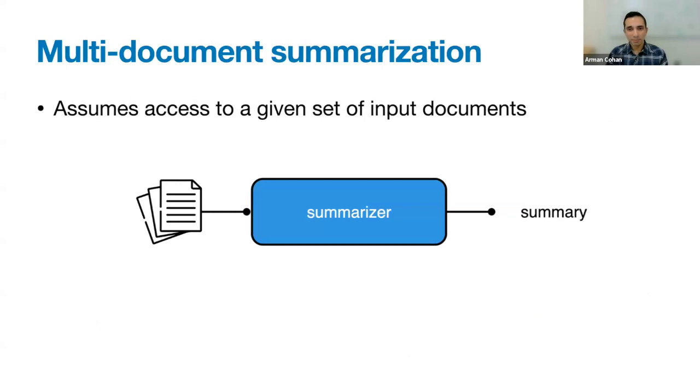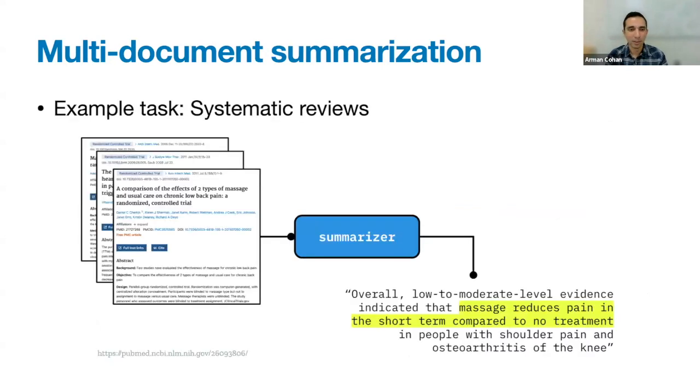So yeah, now let me talk a little bit about another concept, which is open domain multi-document summarization. So far, we've seen the regular multi-document tasks where you have multiple documents and then you have a summarizer, and then the summarizer generates a summary for you.